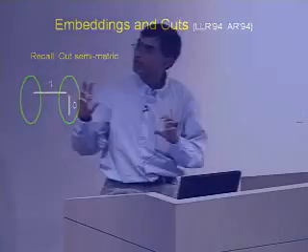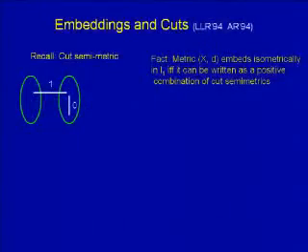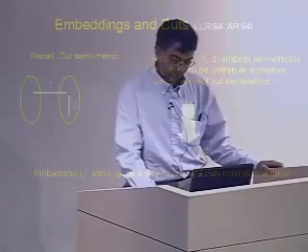Now let me say a little bit more about this connection between embeddings and cuts, and recall the cut semi-metric: a metric where all distances are 0 or 1, and the ones correspond to being on opposite sides of the cut, and 0 on the same side of the cut. There's a simple fact that a metric (X, d) embeds isometrically in L1, in other words, those distances can be realized as L1 distances, if and only if it can be written as a positive combination of cut semi-metrics. So it's basically a positive combination of cuts.